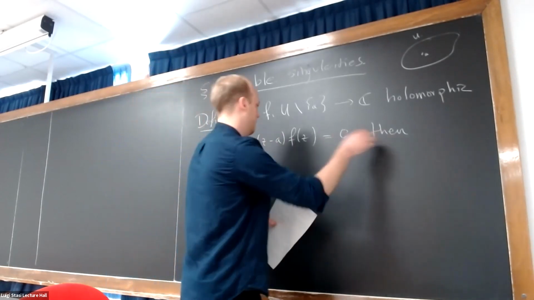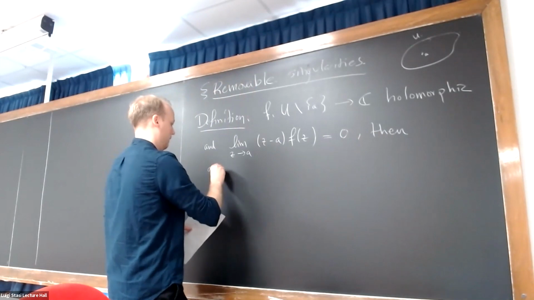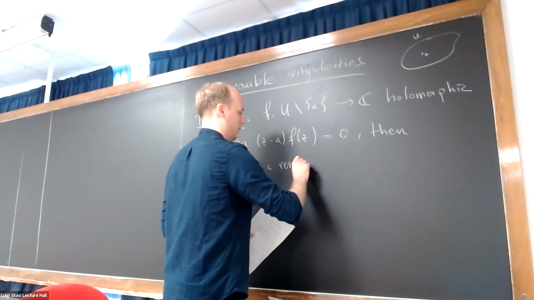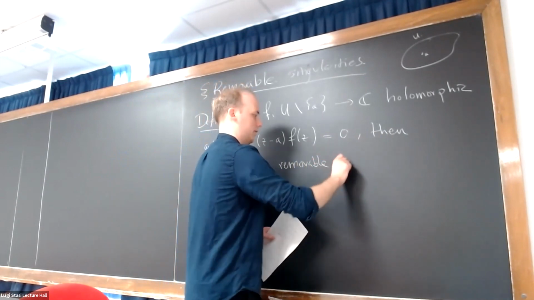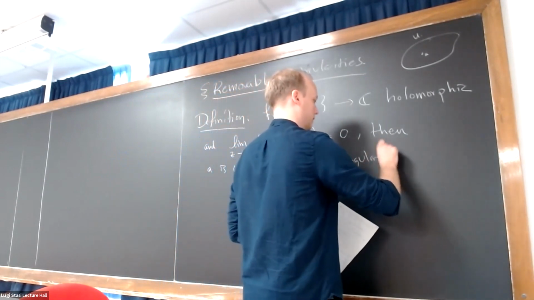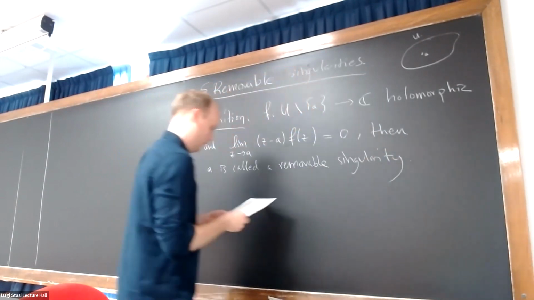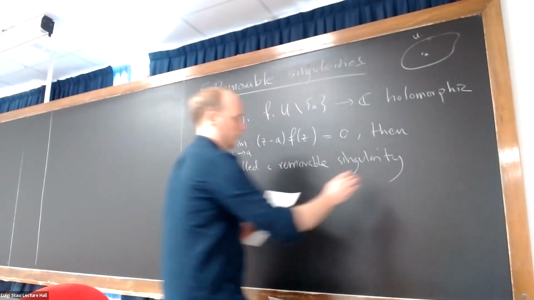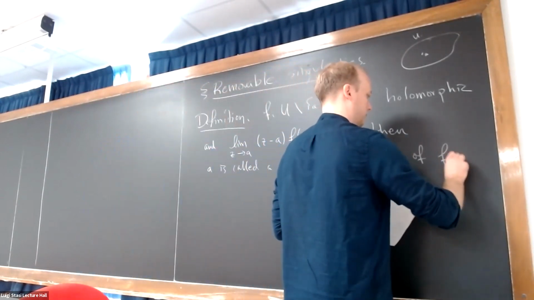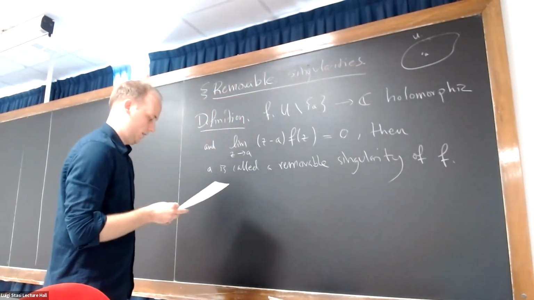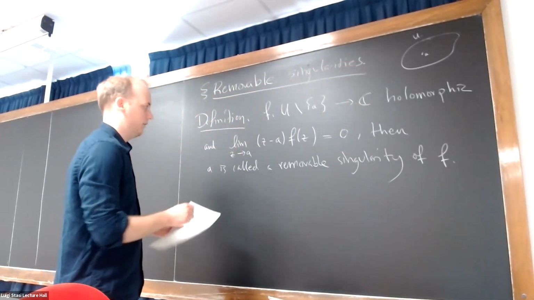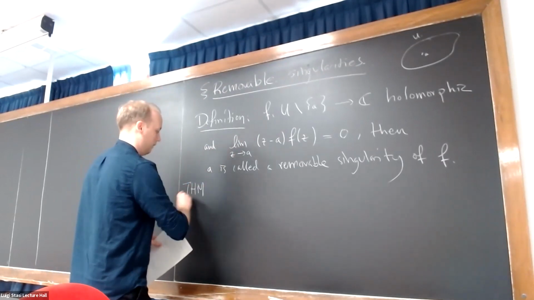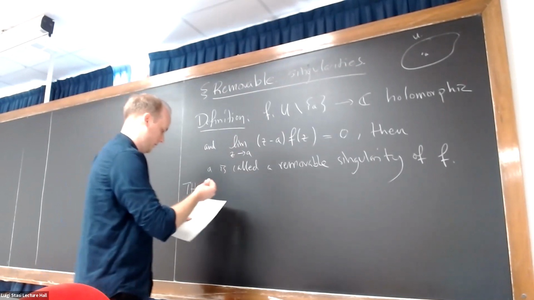So then A is called a removable singularity of f. And this name of being removable is justified by the following theorem, which is what I just said.